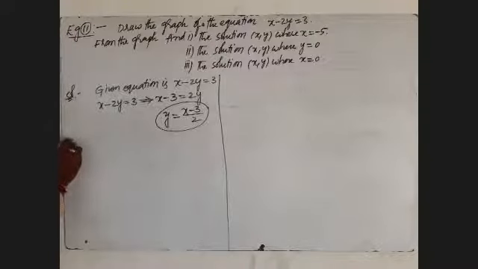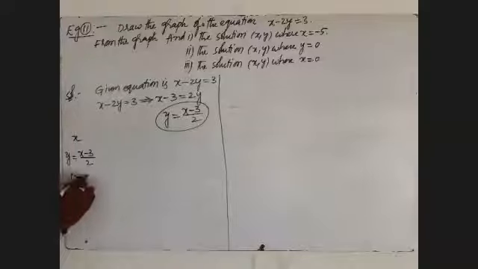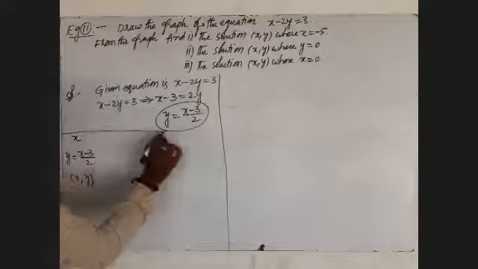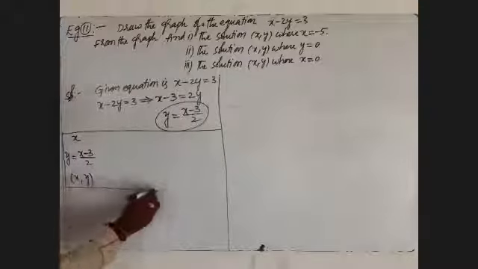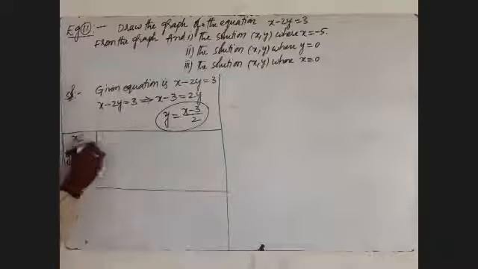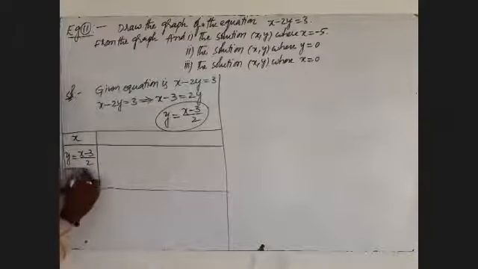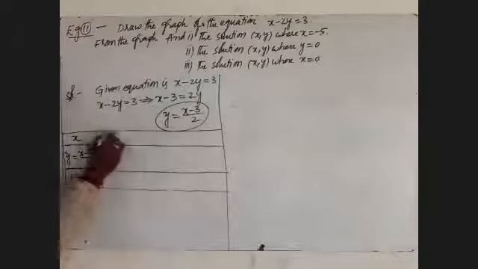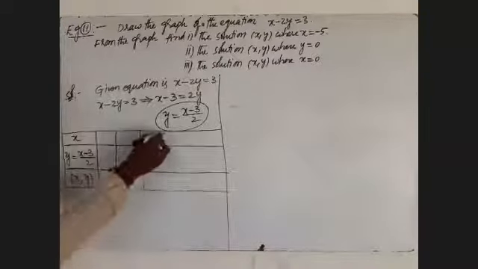First we take x, then y is equal to (x minus 3) by 2. We will take some values of x and find the value of y. Finally, we will take the ordered pairs (x, y).